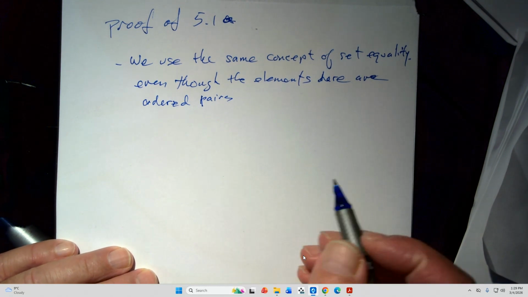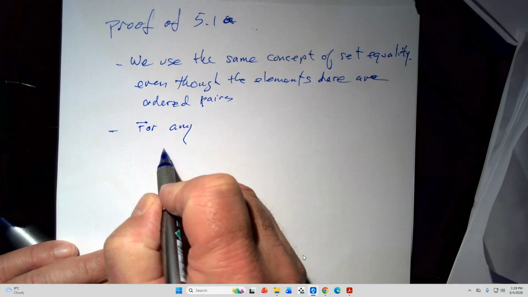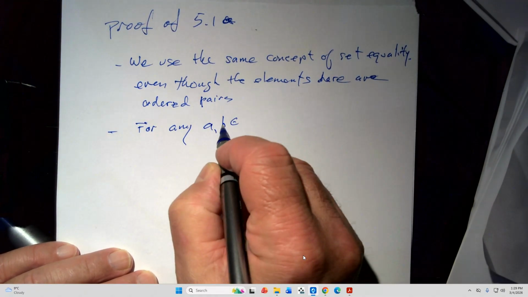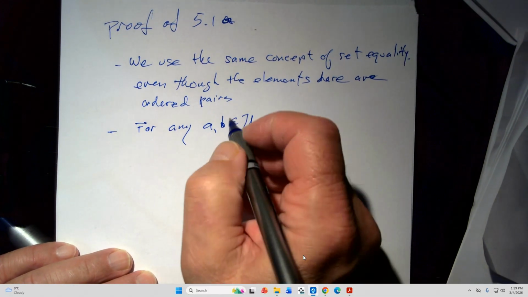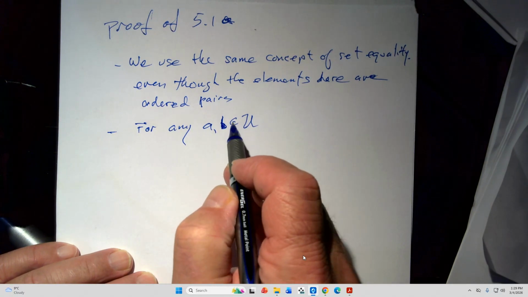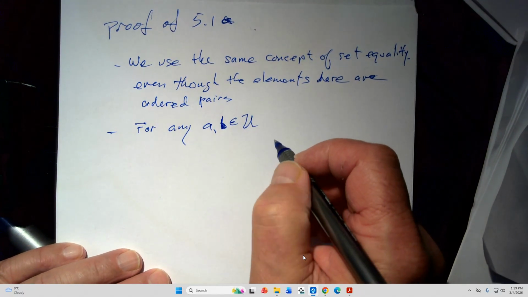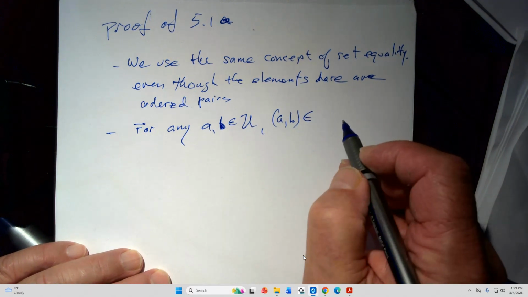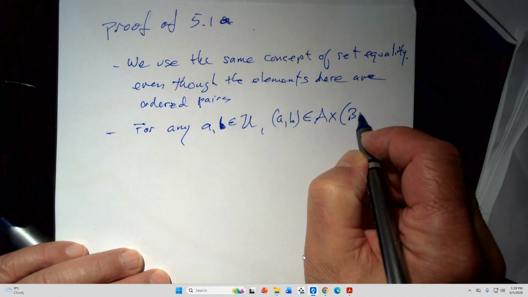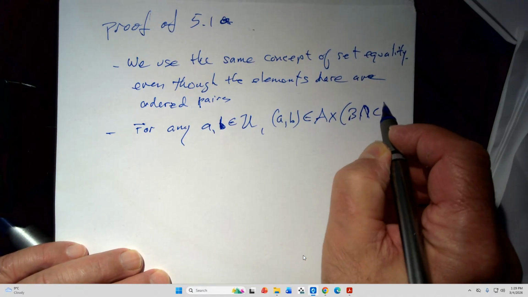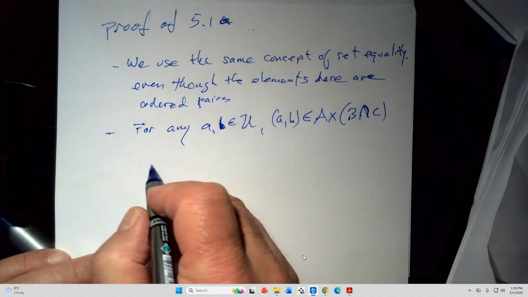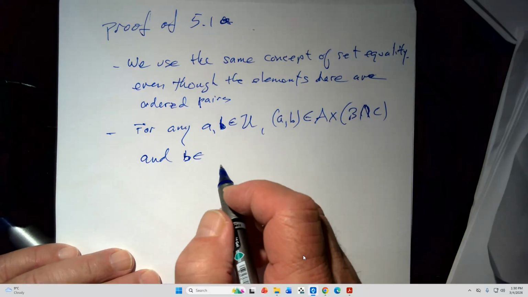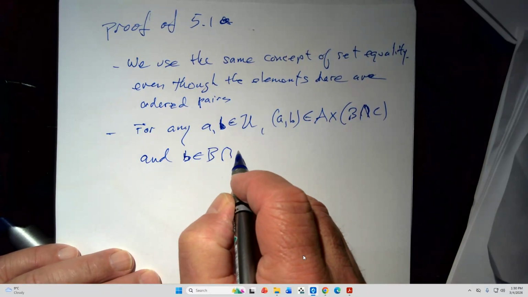For any a and b in the universe of discourse, the ordered pair (a, b) is an element of A cross (B intersect C) if and only if a is an element of A and b is an element of B intersect C. That's an element argument method.